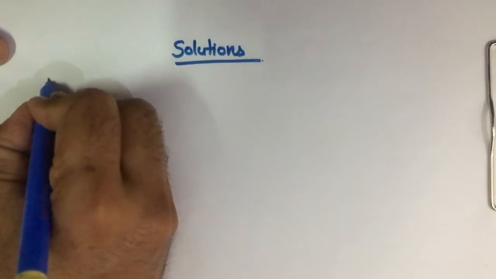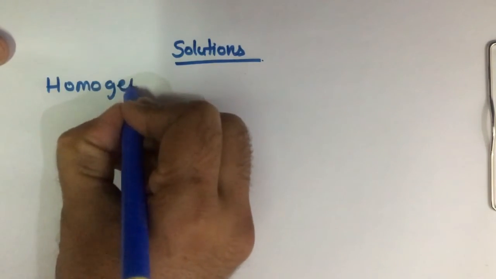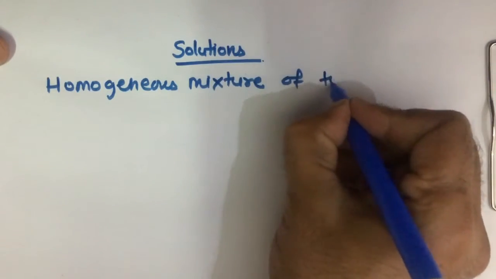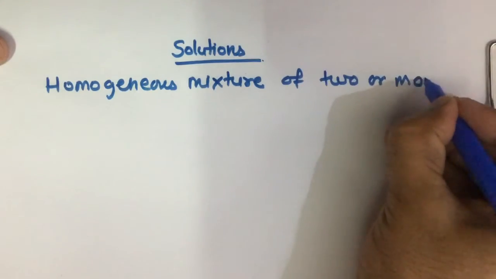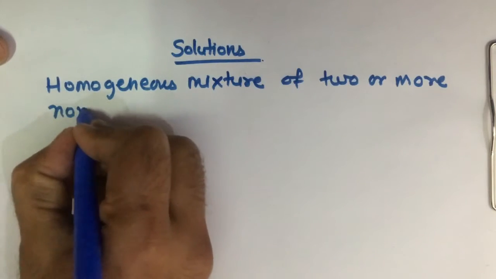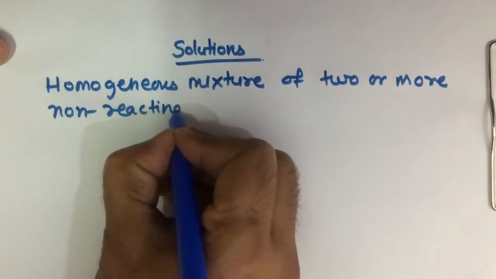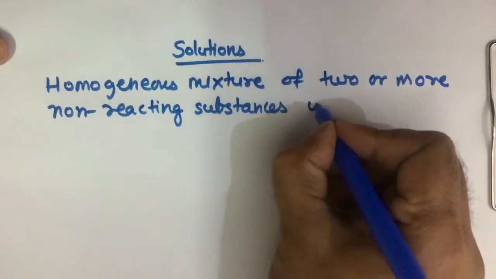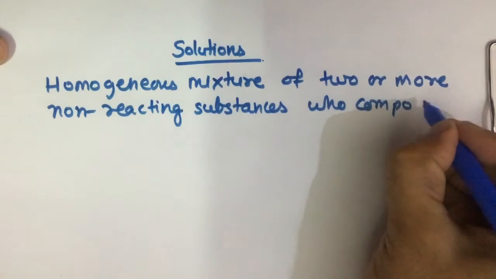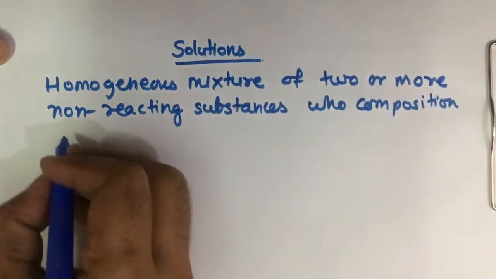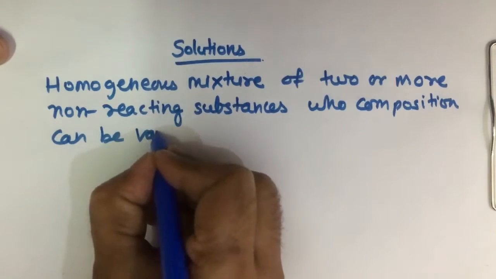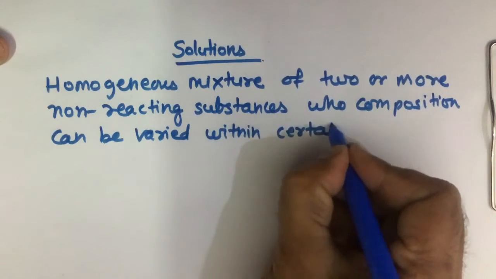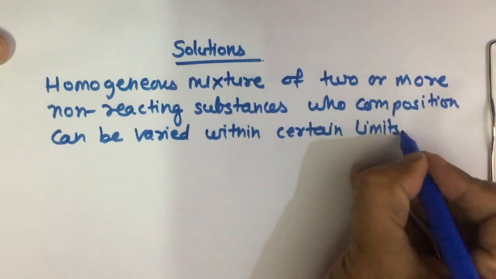A solution is a homogeneous mixture of two or more non-reacting substances whose composition can be varied within certain limits.